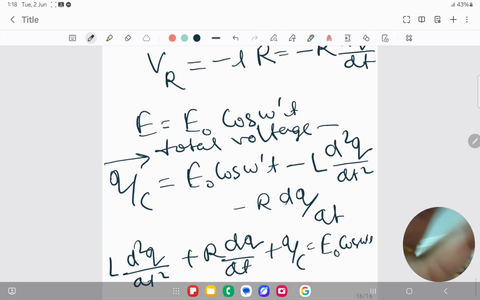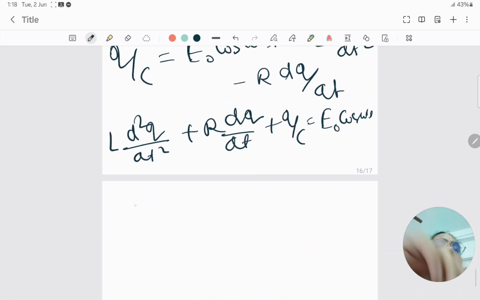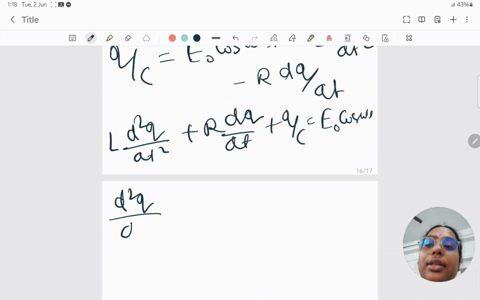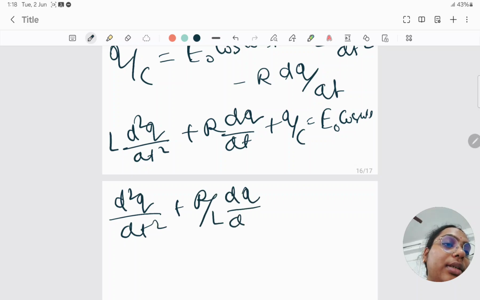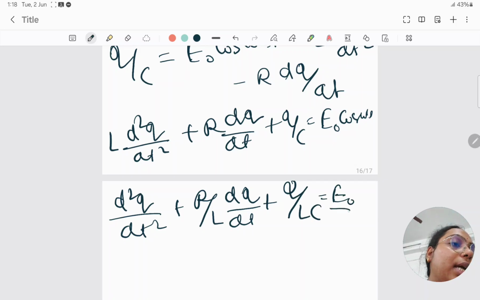Now you can also write it like this: d2q by dt square plus R by L dq by dt plus Q by LC equals E naught by L cos omega dash t.